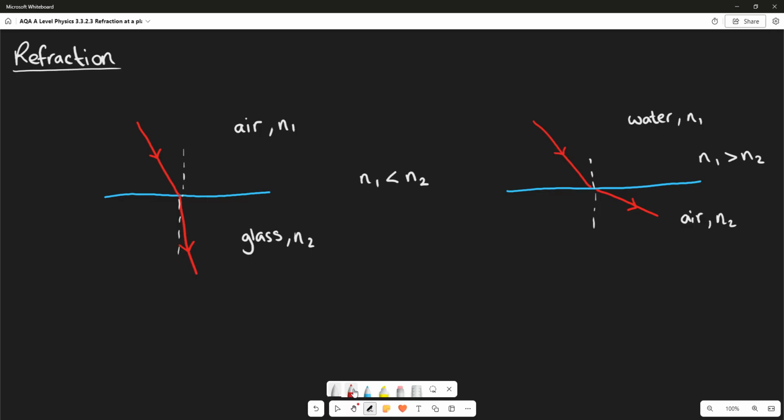I want to use the analogy of cars. So if we have a car, this is viewed from above, and these are the four wheels on their axles moving in the same direction as the light ray, then what's happening to that car is that this front wheel here is entering the glass first.